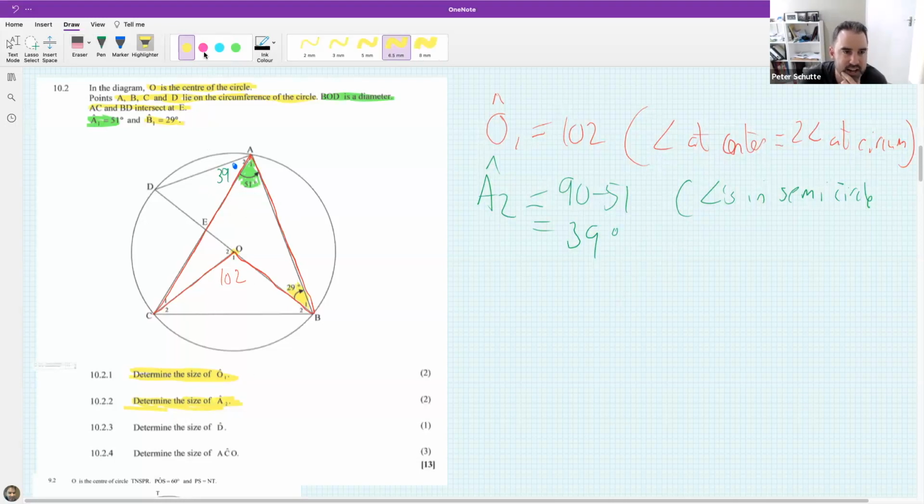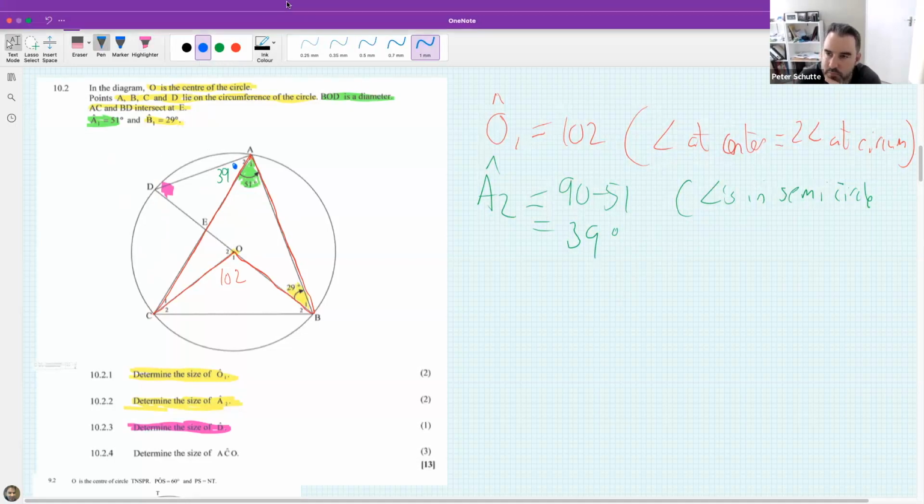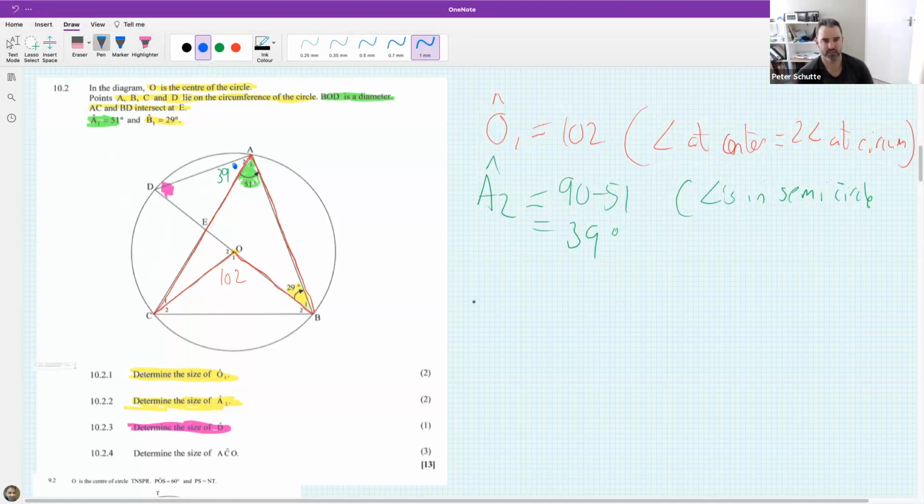We need to now find D. What is the size of angle D going to be? So I think I see a triangle here, and I've already got all the other angles.